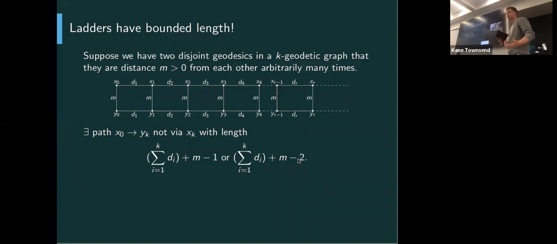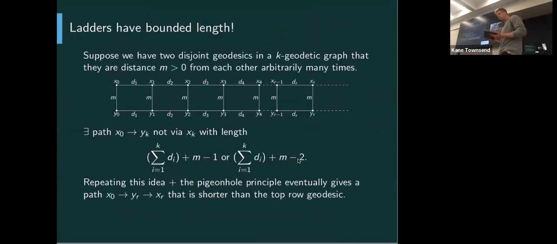That gives you k plus 1 distinct paths, so none of those are geodesics. That means there exists a path from x0 to yk that doesn't go through some xk up here, and it has one of these lengths.